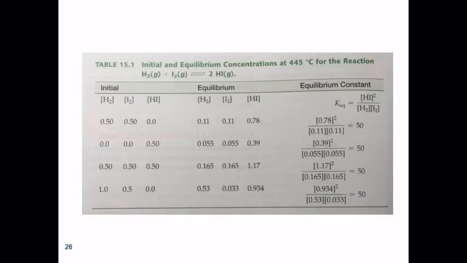The equilibrium constant is constant. It doesn't change at a particular temperature. Okay? So it doesn't matter what concentrations you started with, the equilibrium constant will be the same. Any questions?